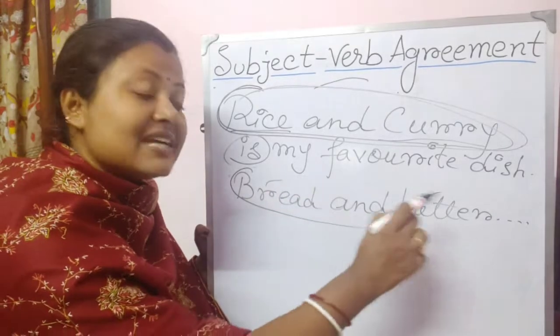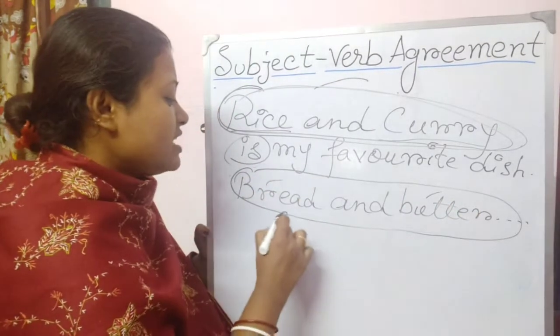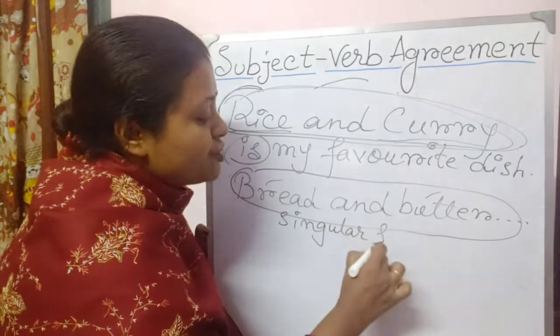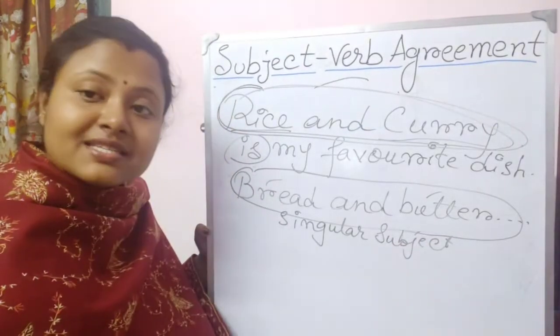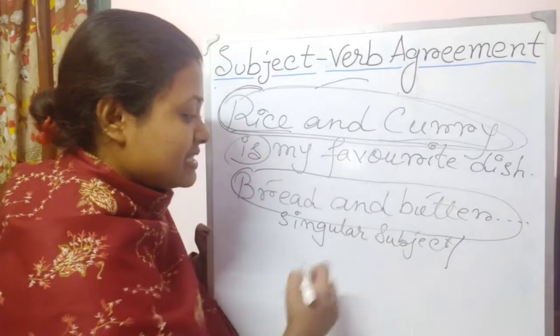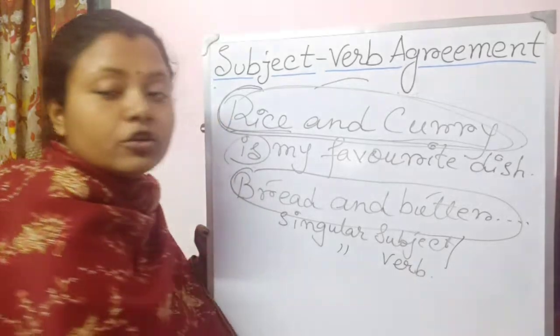So here bread and butter is a singular subject. Okay students, so that is why obviously singular verb will follow after that.